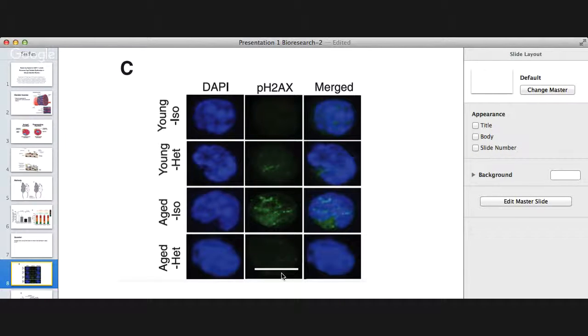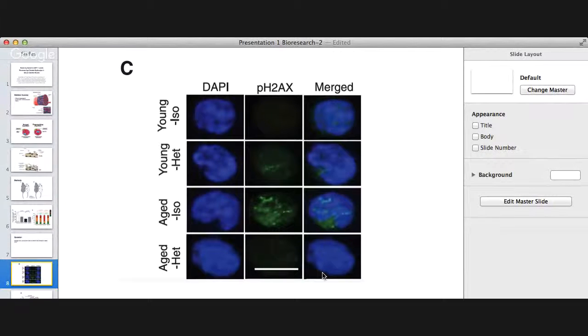The merged category obviously is for all of the above, and there isn't any DNA damage in the het. So it's very apparent that it actually is concise between all three, young iso, young het, and aged iso.